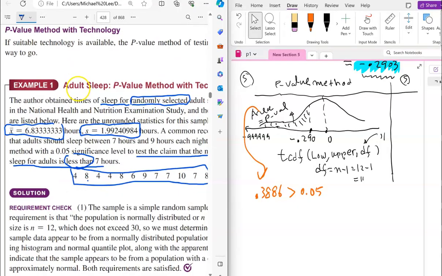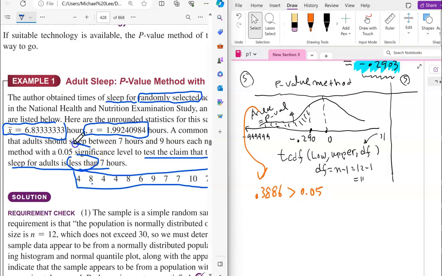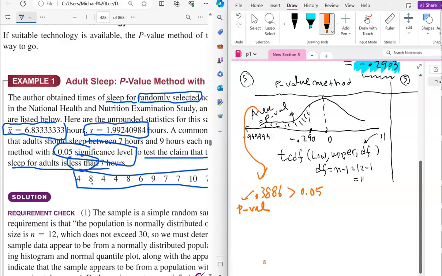Alpha is the significance level, 0.05. That's what this 0.05 is. So this is the p-value, and this is the significance level.